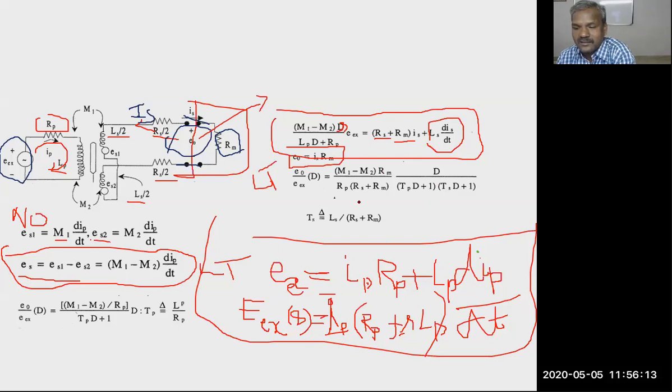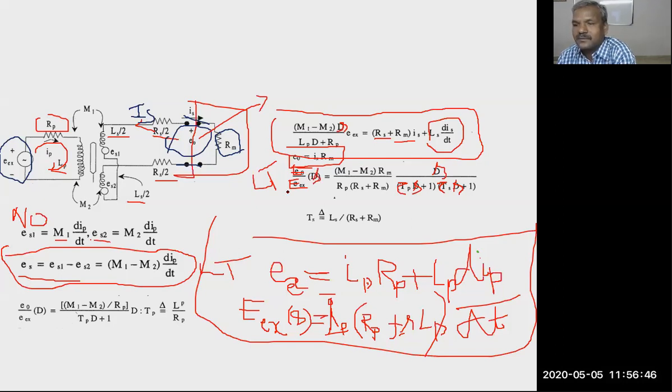Here you divide the entire circuit by RS plus RM. This is tau, the time constant. So E0 of S, this should be in capital letter, not in small letter, in the Laplace domain.